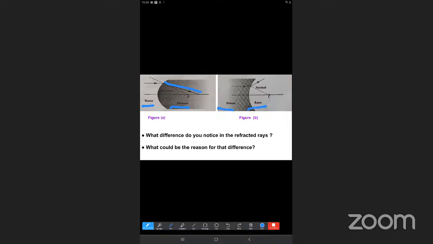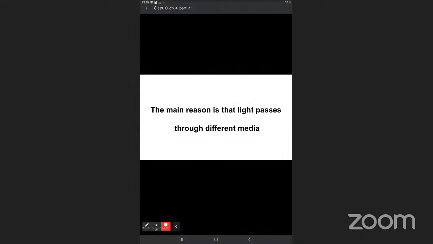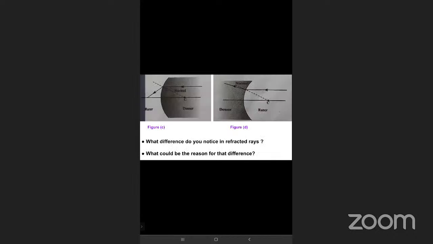Denser to rarer, the refracted ray bends away from the normal. So the main reason is that light passes through different media. In the first case, we observe rarer to denser. In the second case, we observe denser to rarer. This is due to light passing through different media.